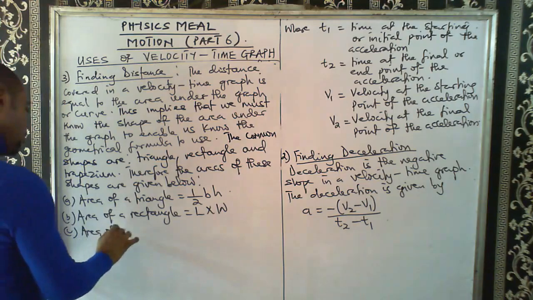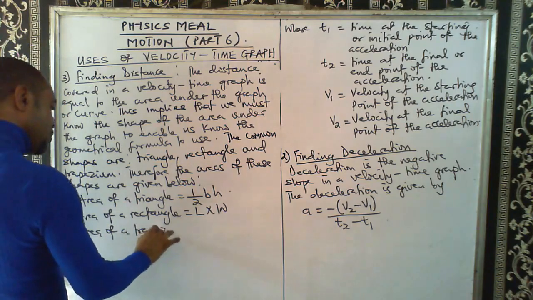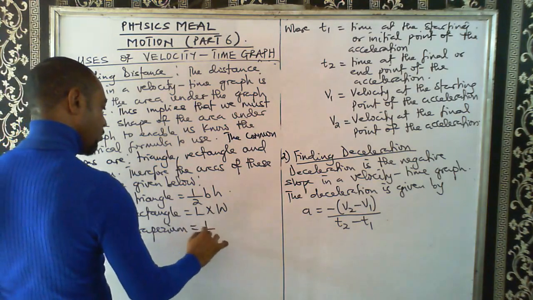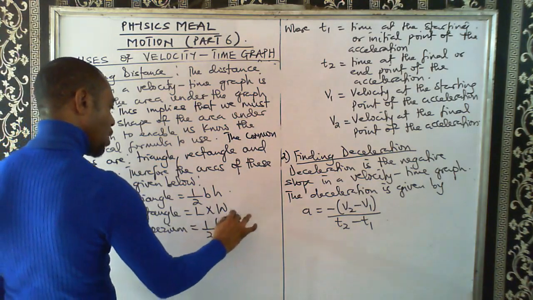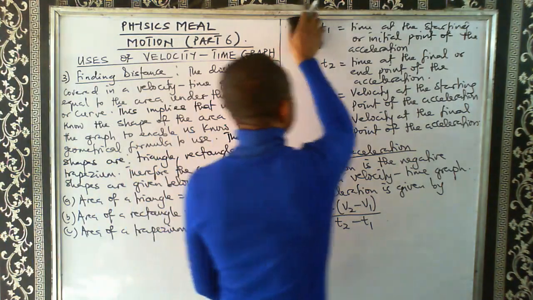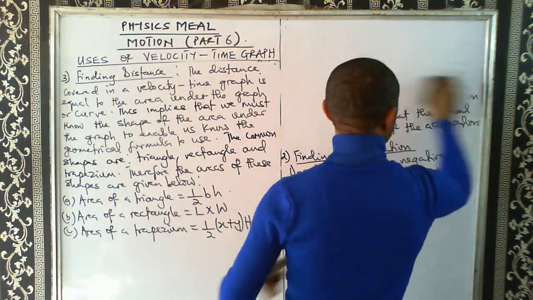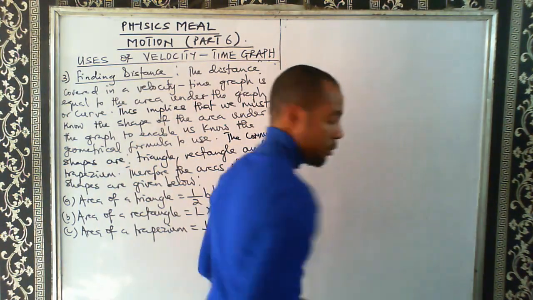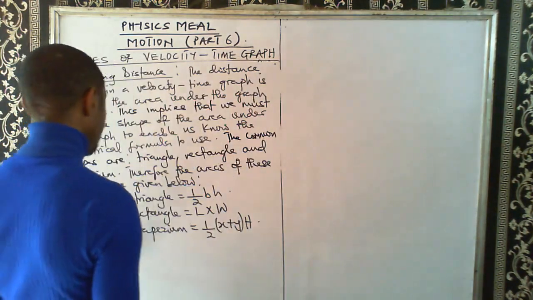Area of a trapezium is half (x plus y) times h. We still need to define the terms, what they represent. So let's quickly define them.